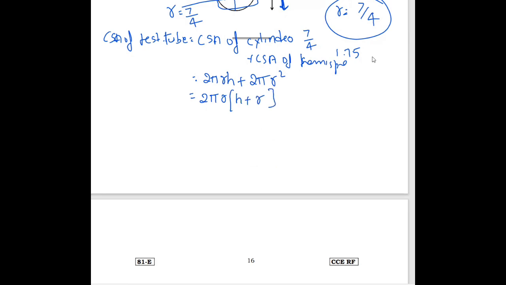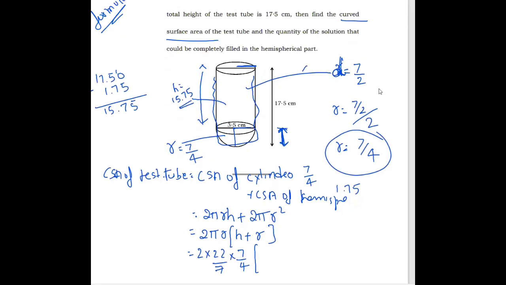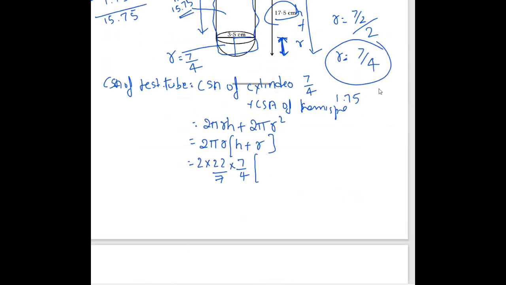So now go back to the diagram. I can put the 2 pi value now only because I have taken the radius as 7 by 4. I'm smarter. Next, H plus R, I did not need to break this again. Here H plus R value is 17.5. So I can directly write H plus R value is 17.5. 7 7 cancel, 2 11s are 11, therefore 11 into 17.5.